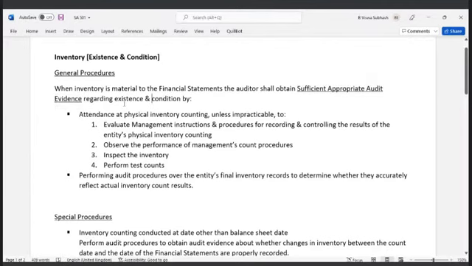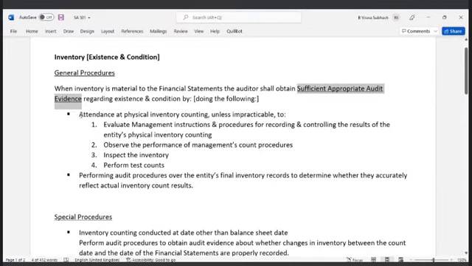We have to obtain evidence regarding the existence and condition by doing these following activities. That's what they are saying. You have to obtain the sufficient appropriate audit evidence by carrying out these extra activities.